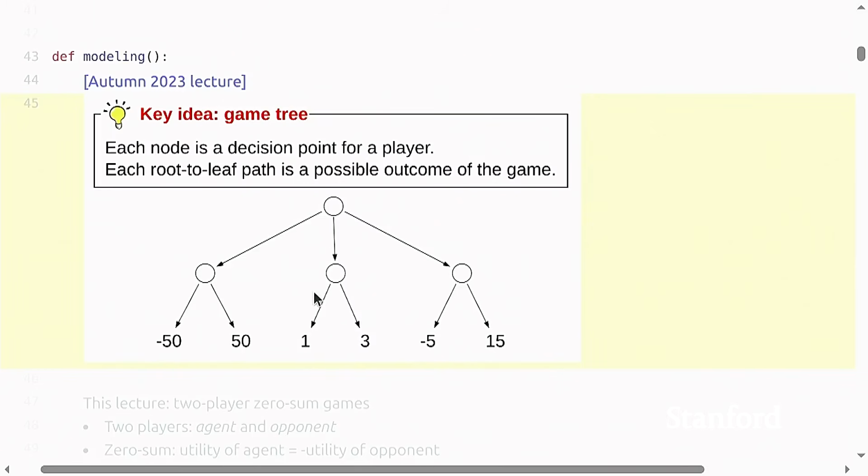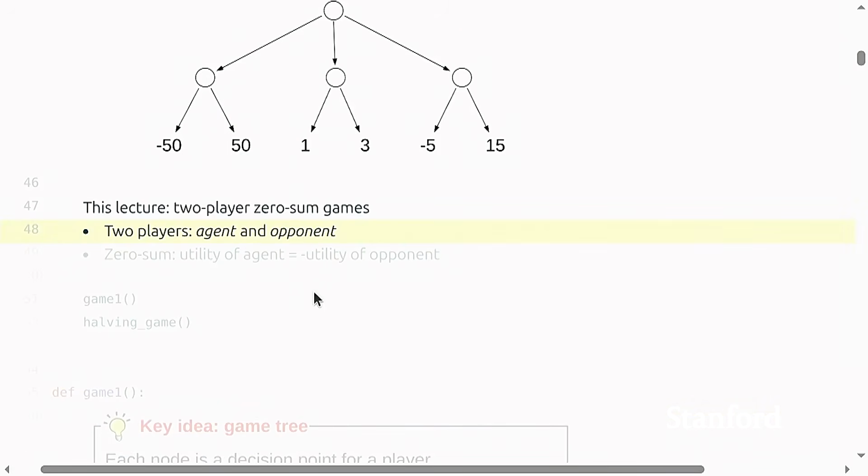decision. Okay, so in this lecture and in this class in general, we're going to focus on two-player zero-sum games. So what does that mean? Two-player means that the number of players is 2. Usually this will be an opponent and an agent. And zero-sum means that the utility of an agent is equal to the negative utility of the opponent.